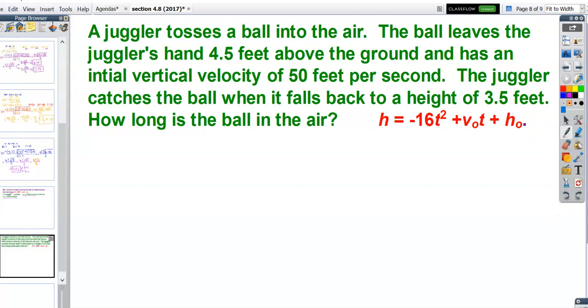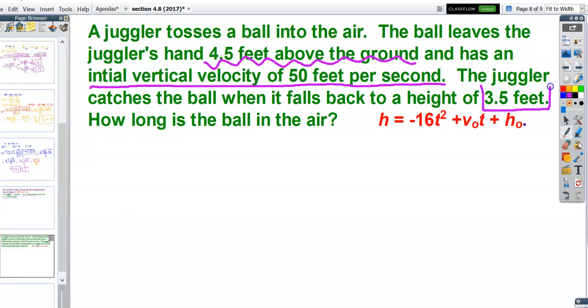The ball leaves the juggler's hand 4.5 feet above the ground and has an initial vertical velocity of 50 feet per second. The juggler catches the ball when it falls back to a height of 3.5 feet. How long is the ball in the air?